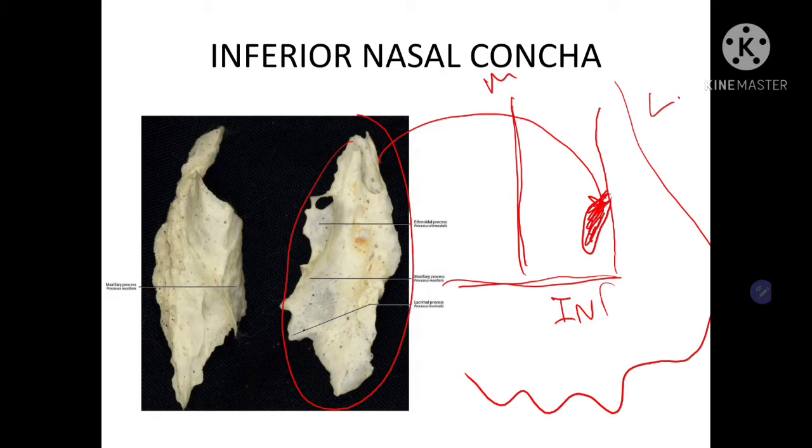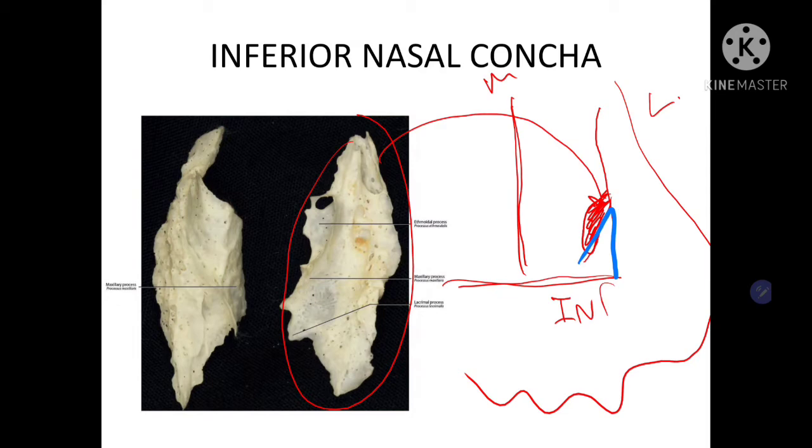Now you can see the turbinate is going to become a part of the lateral wall of the nasal cavity. But as you can see, between the lateral wall and the medial wall of the turbinate, we're going to have a space. Let me put another color. Yes, you have this space. This space is called meatus.